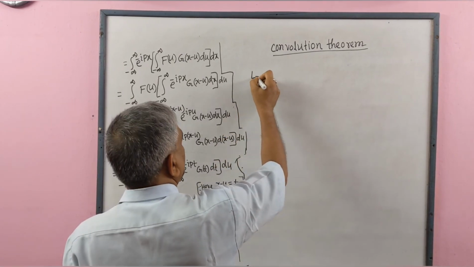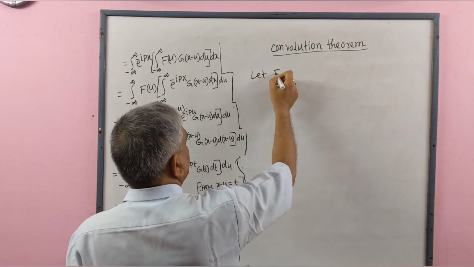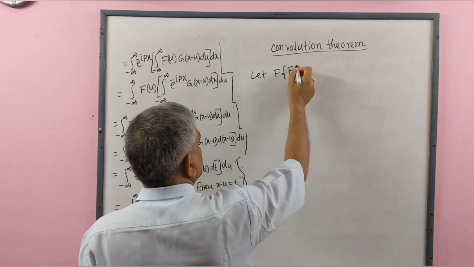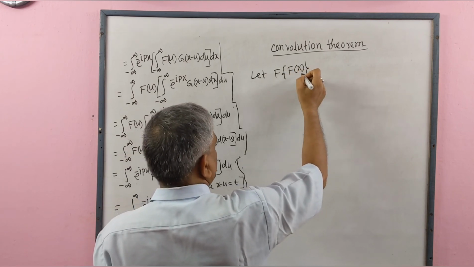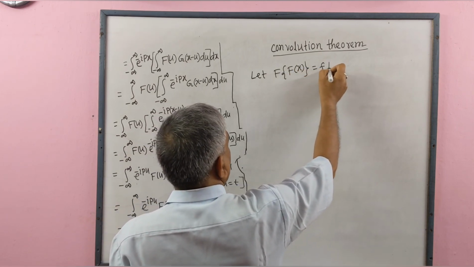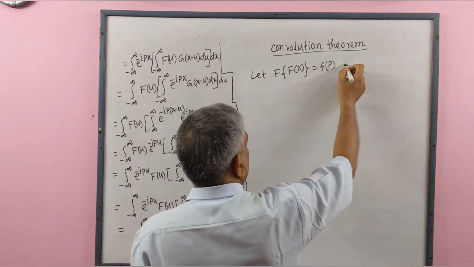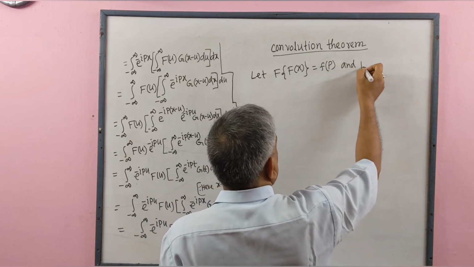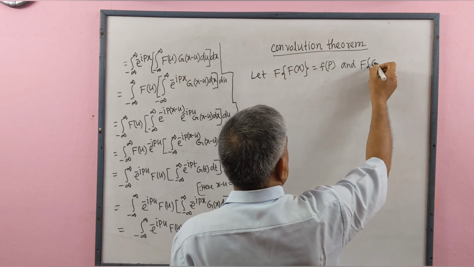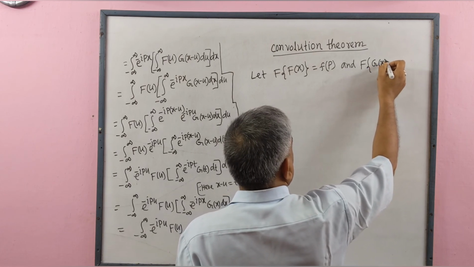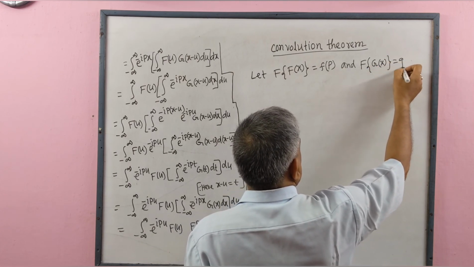Let the Fourier transformation of f(x), capital F(x), equal F(p), and the Fourier transformation of g(x) equal G(p).